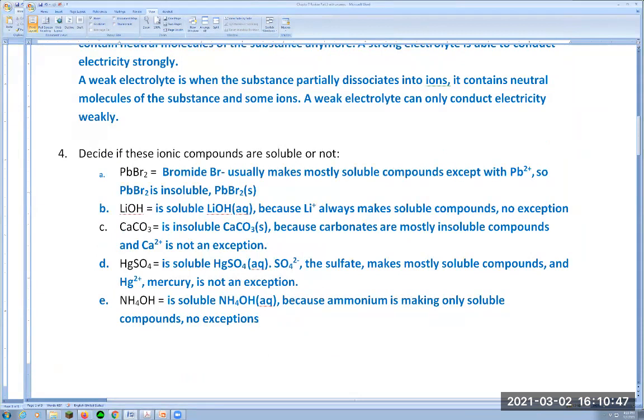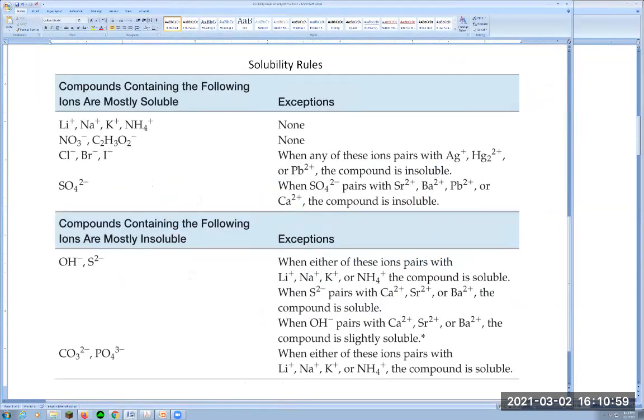Some of you may be wondering if you decided some compounds were insoluble when I said they were soluble. So I want to emphasize that I will use this table that I provide in Canvas, under the chapter 7 module. It's even in the chapter 5 module, maybe. So know that I will use this table to decide if something is soluble or not.